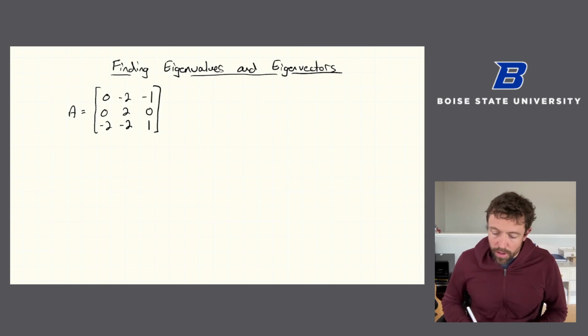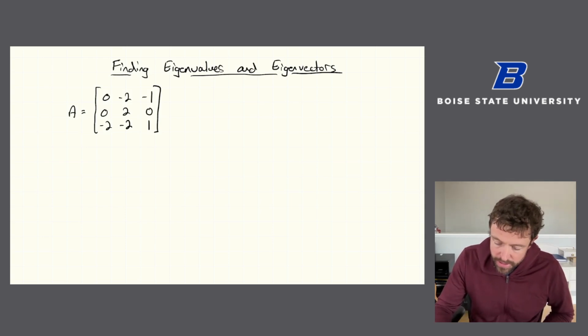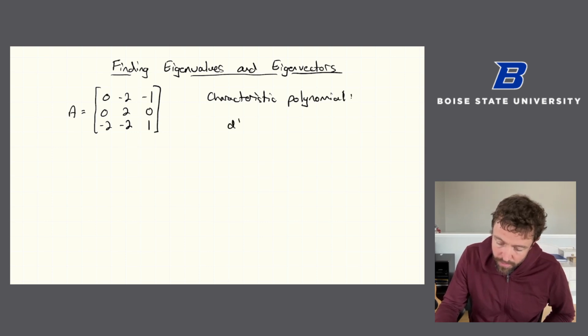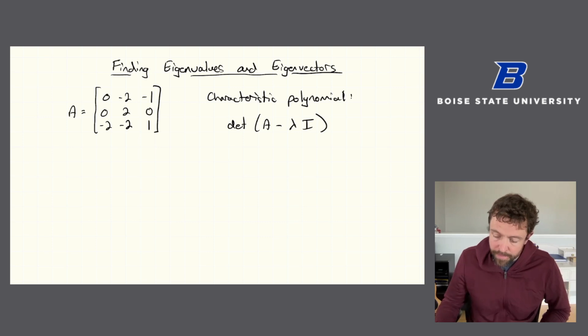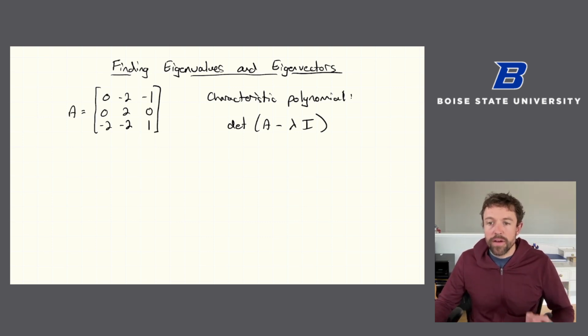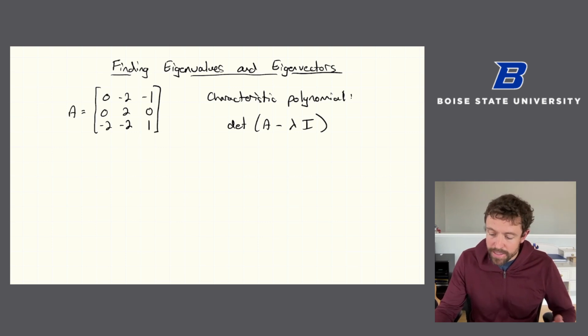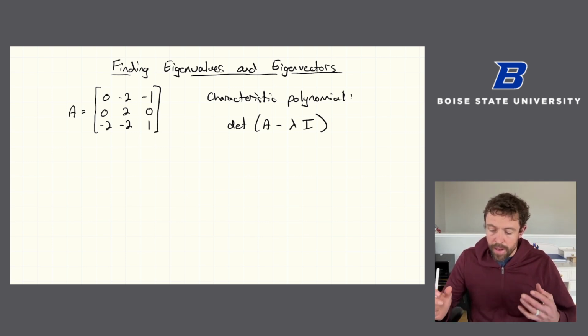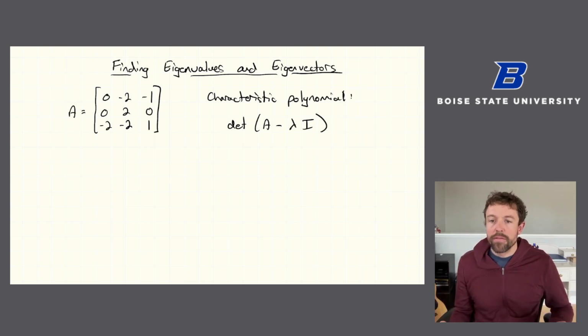So the characteristic polynomial of a matrix is the determinant of the matrix A minus lambda I. And this is a polynomial in the variable lambda. So A minus lambda I is the matrix we want the determinant of, and that will give us our characteristic polynomial.